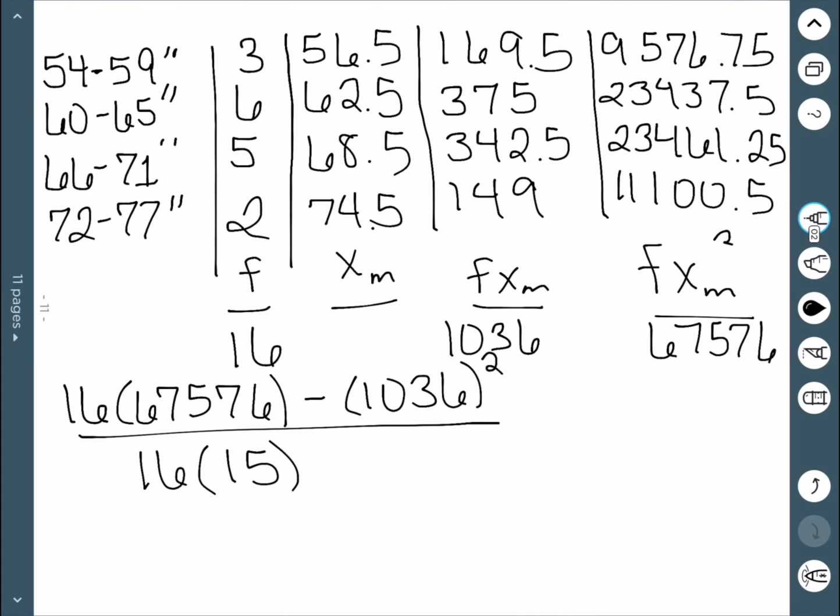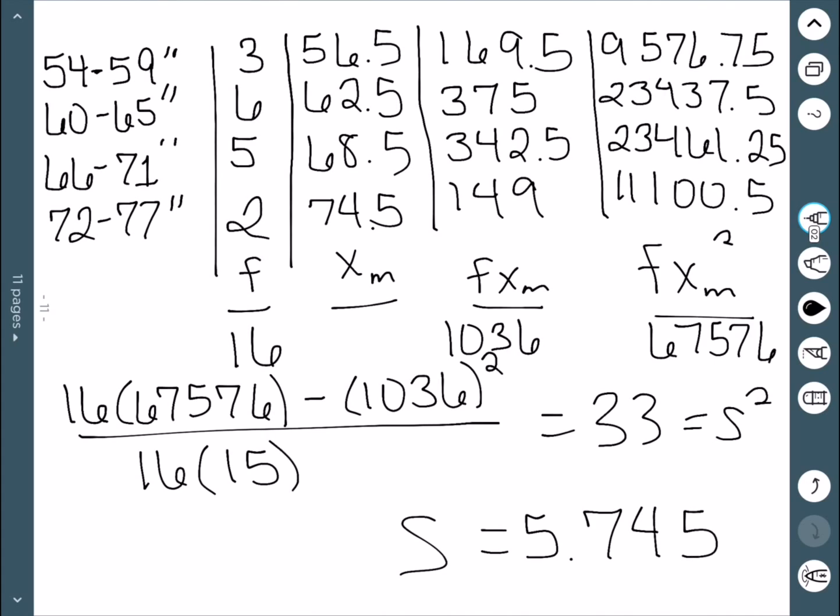Working this out will give us our variance. Once we simplify this whole thing, this works out to be 33. To find our standard deviation, we then take the square root of that to get 5.745.